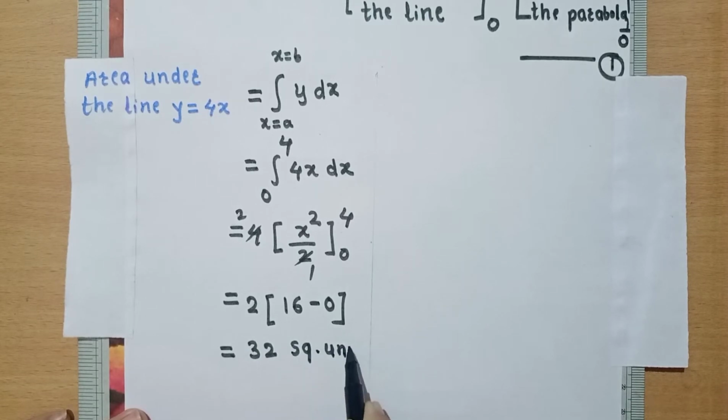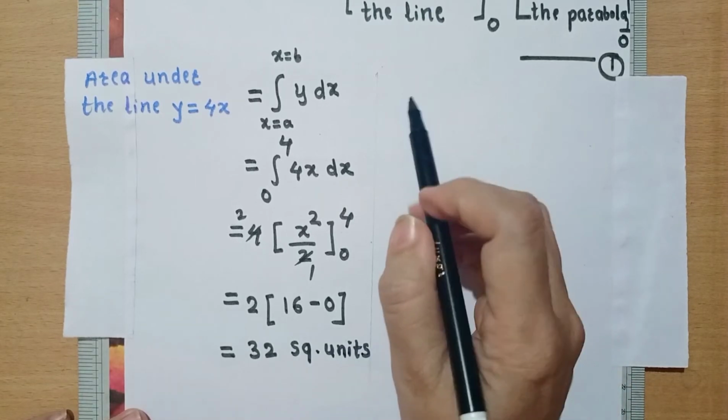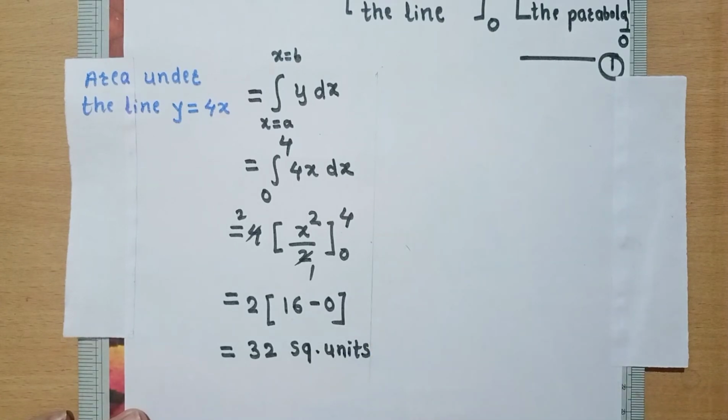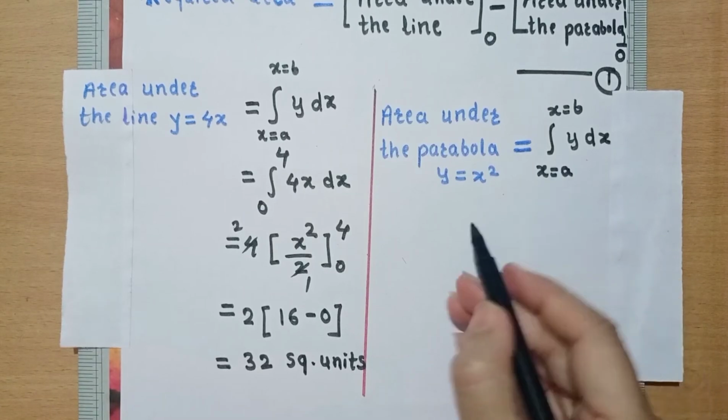This is area under the line. Now we will find area under the parabola, which is y is equal to x square, and this is our formula.